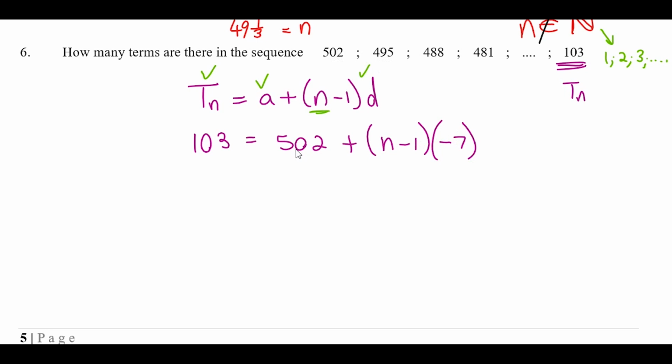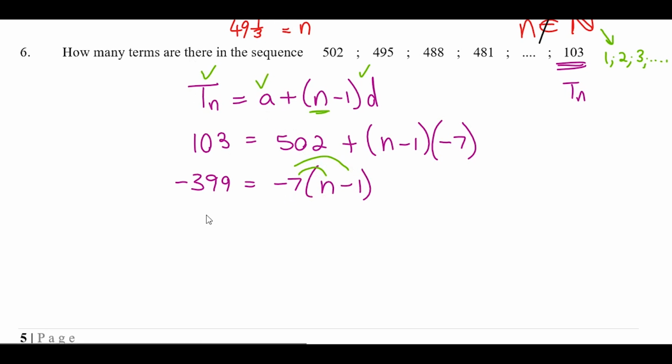I'm going to subtract 502 from both sides. Remember, I'm trying to isolate n. This 502 doesn't have an n in it. Let's subtract it from both sides, and I get minus 399 is negative 7 lots of n minus 1. We could either distribute this in here, but in fact, it will be simpler to divide both sides by minus 7.